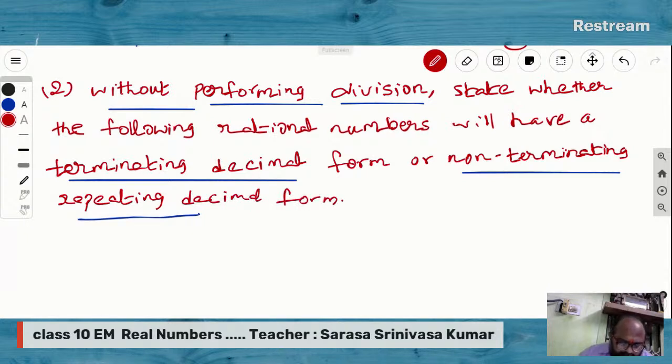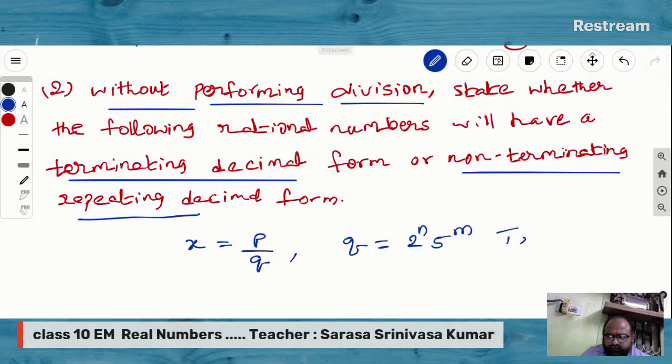So again, we must understand that if the number is of the form x equal to p by q, where q is in the form of 2 power n 5 power m, it is a terminating decimal.